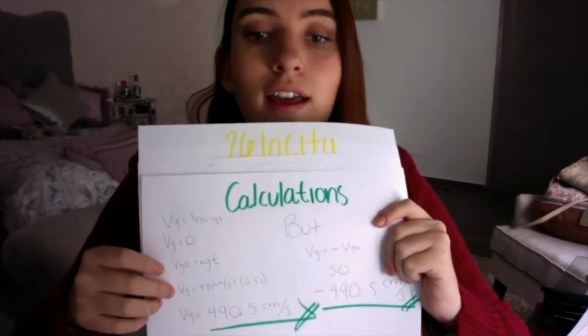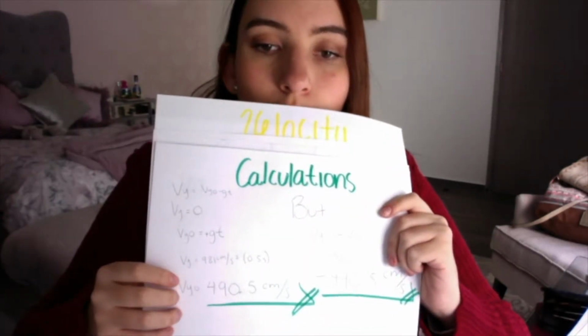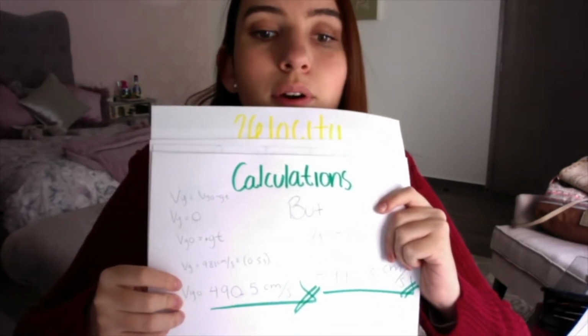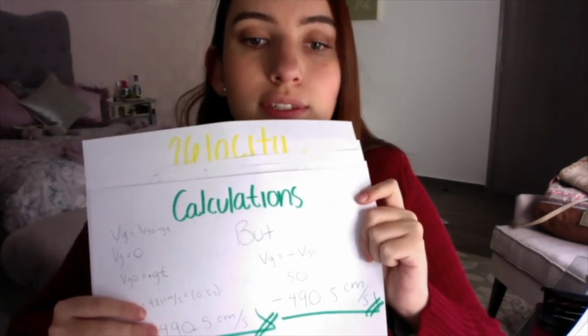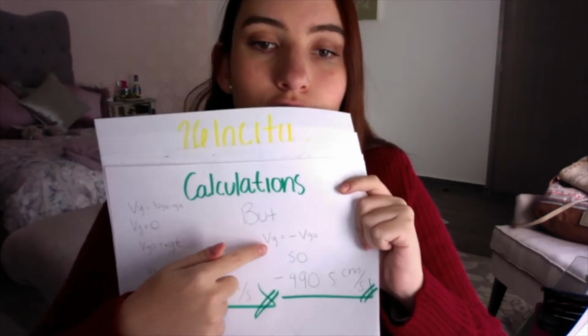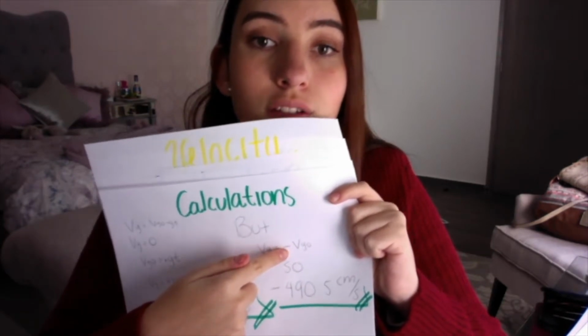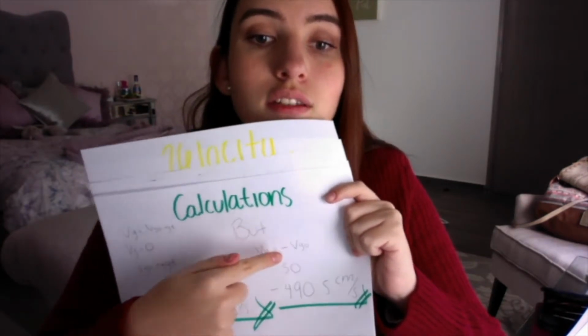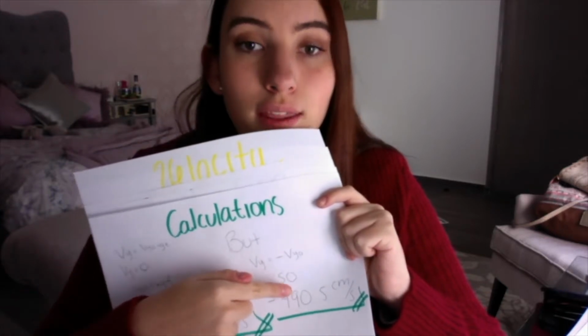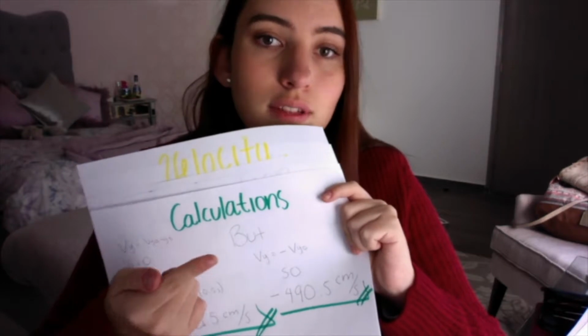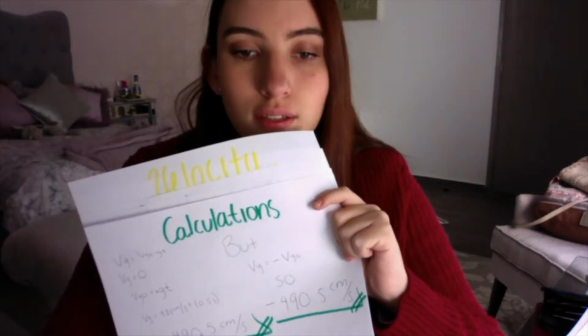We did that, and we got 490.5 centimeters over seconds. But remember that we said that initial velocity equals minus final velocity, so we get the same result, but negative.